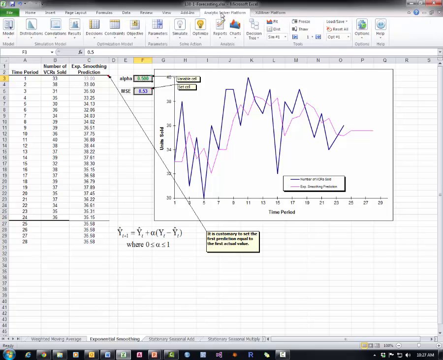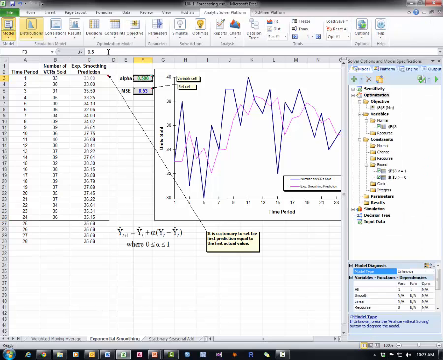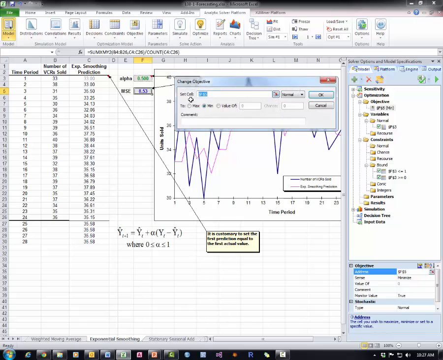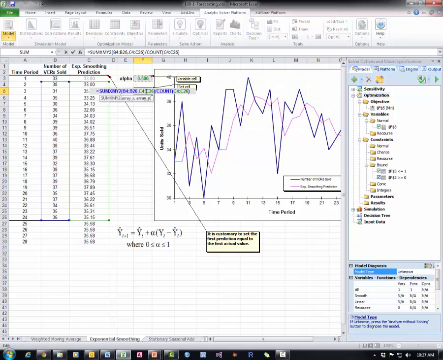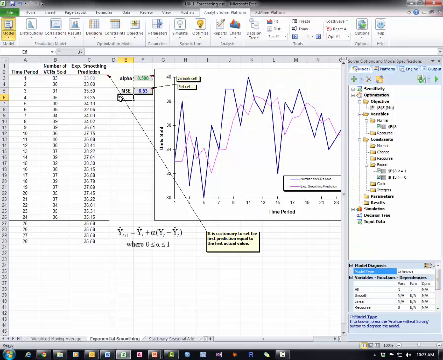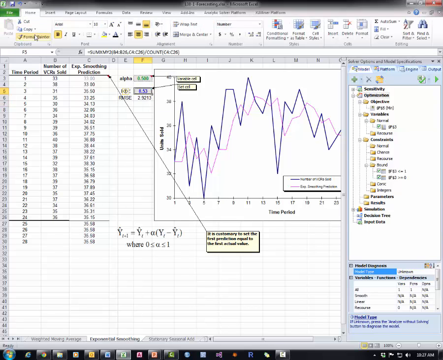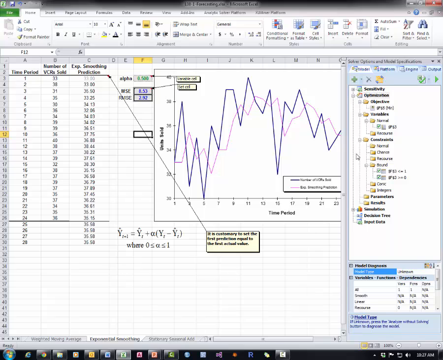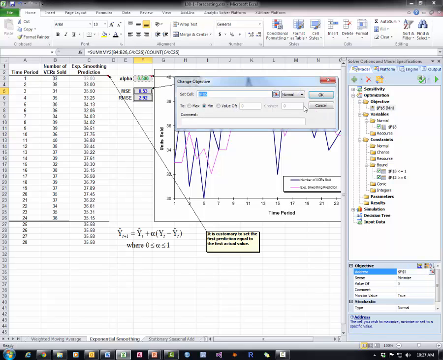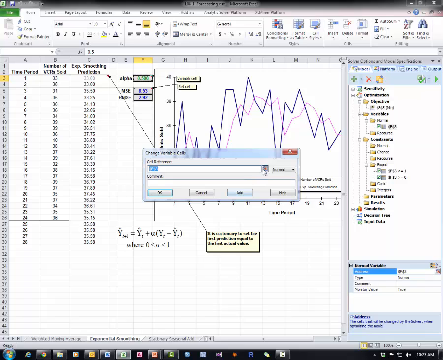You then have to modify your alpha. You want to minimize your mean squared error. So your mean squared error is right here. You can calculate your root mean squared error by taking the square root of this value. And you minimize your mean squared error by changing your alpha value.